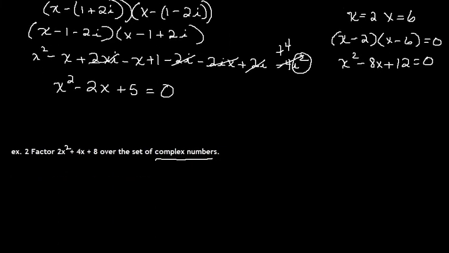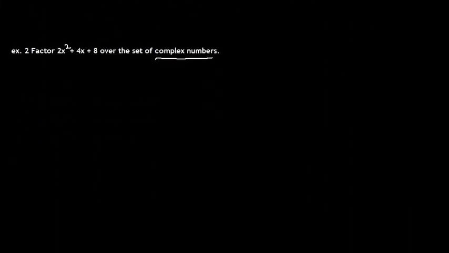Now let's just work backwards. We'll just do one example of this. It says factor over the set of complex numbers. Well, we could try to factor it, but it doesn't factor, and it tells us it's complex numbers, so we know we're going to need to use the quadratic formula.